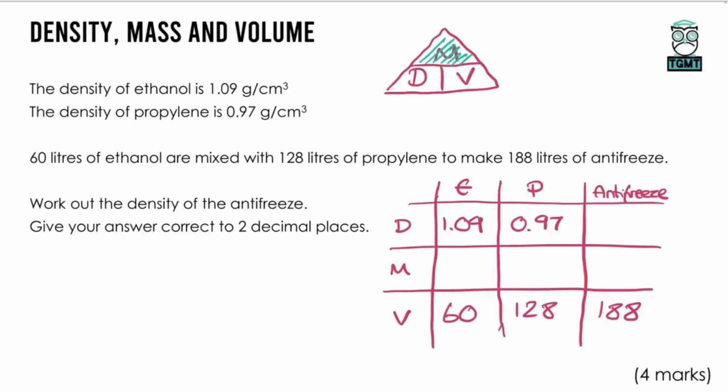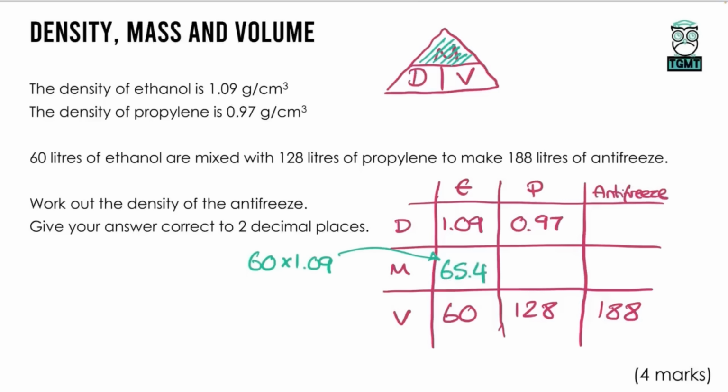For working out the mass though, we are going to do this multiplication, so I'm going to write my working out to the side for this first one, which is 60 multiplied by 1.09. So 60 times 1.09, there we go, and that comes out as 65.4.